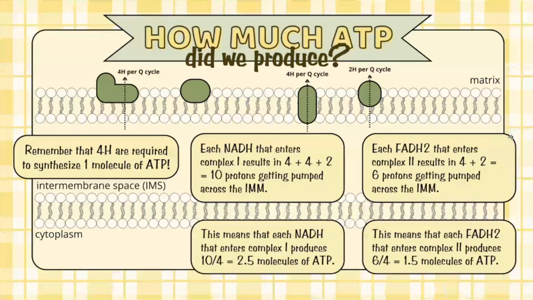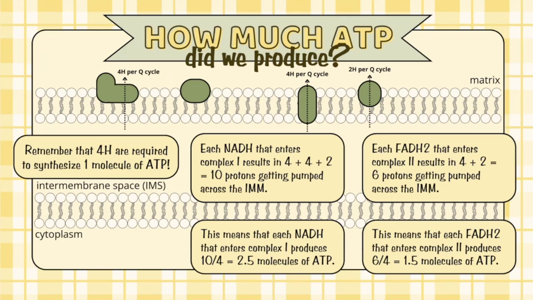Okay, so just to recap everything that we did so far, we basically have 4 complexes. Complex 1 received electrons from NADH and donated them to ubiquinone. It pumped 4 protons in the process. Complex 2 received electrons from FADH2 and donated them to ubiquinone and did not pump any protons.